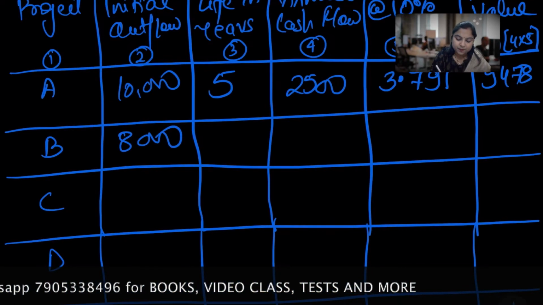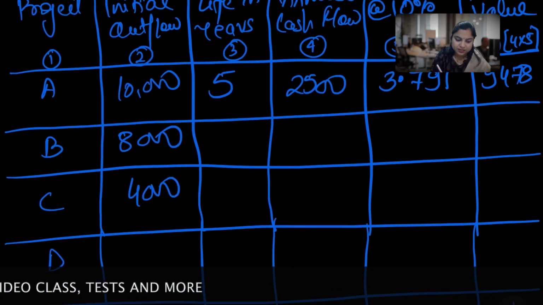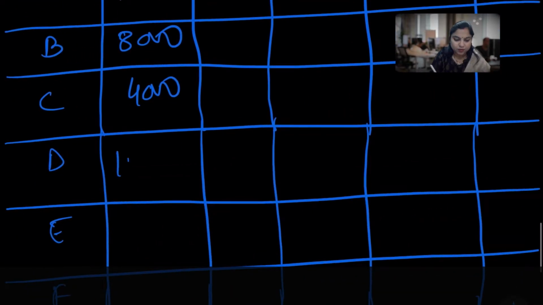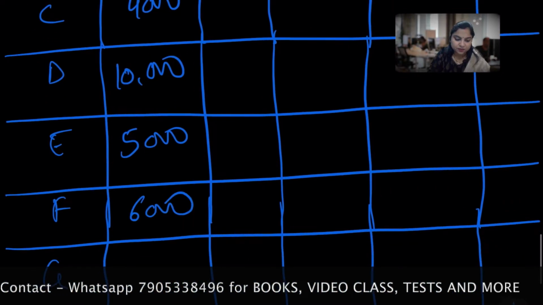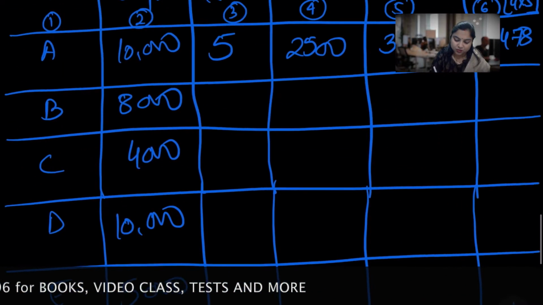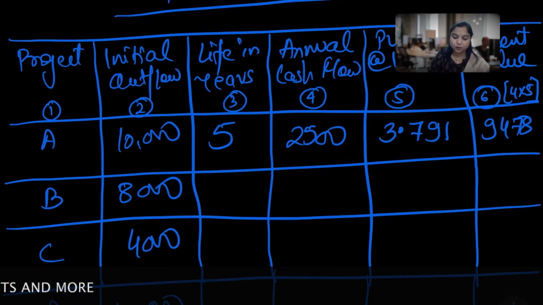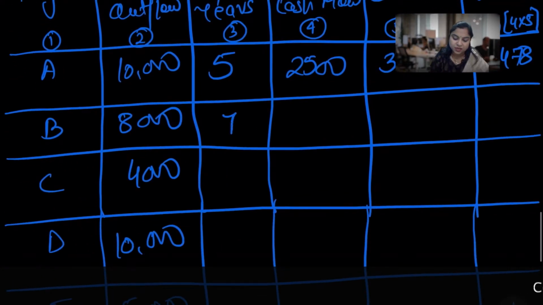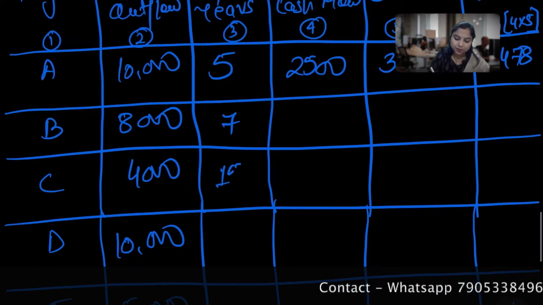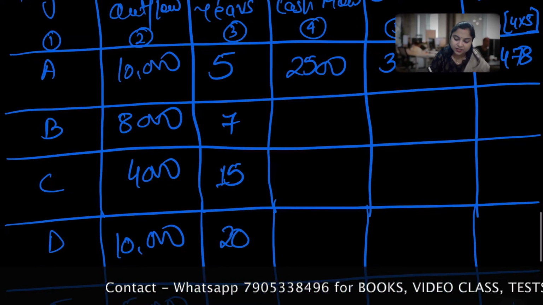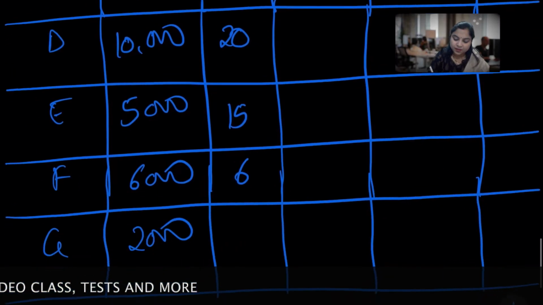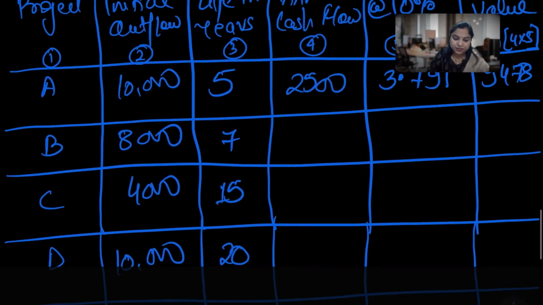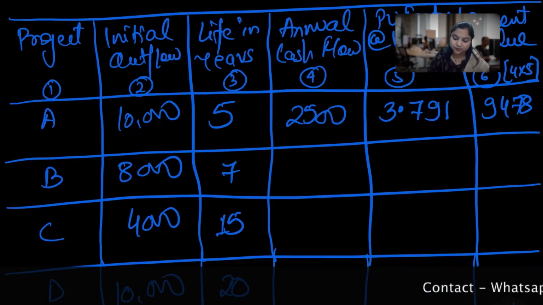For project B, 8,000, C 4,000, then D 10,000, E 5,000, F 6,000 and G 2,000. So outflow we put, then we put the life in years. A we have 5 years, B 7, C 15, D 20, E 15, F 6 and G is the 2 years.